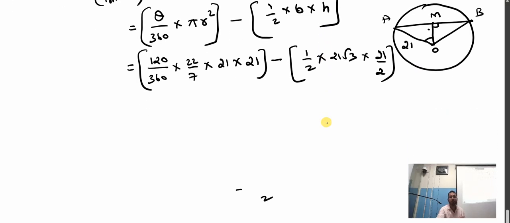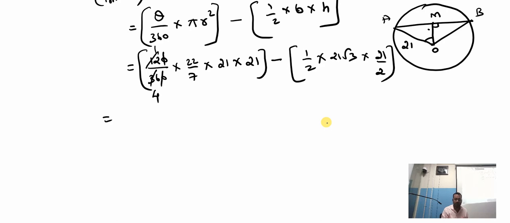This 0 gets cancelled. 12 ones are 12, 12 threes are 36. Then 3 ones are 3. 3 sevens are 21.